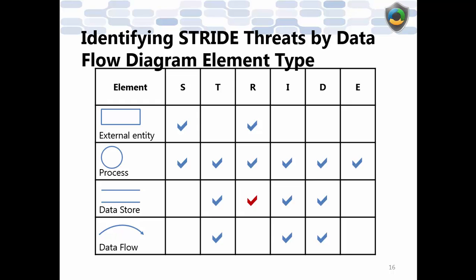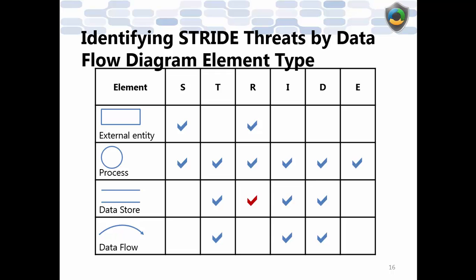The Microsoft threat modeling process, as mentioned previously, is used by non-security experts to enumerate potential threats to an application, and it can be used by security experts for pretty much the same thing. The chart that you see right here shows common STRIDE types by data flow diagram elements and can be used as a baseline for enumerating threats.